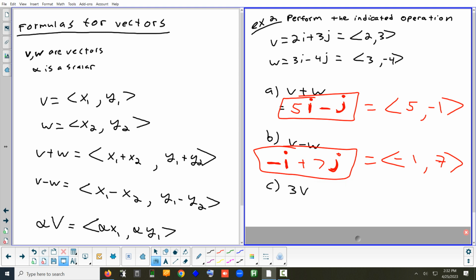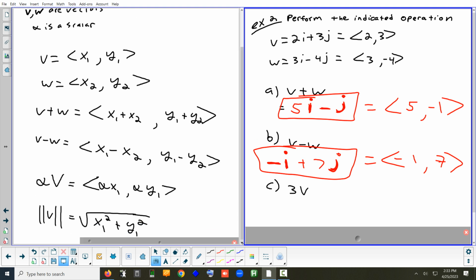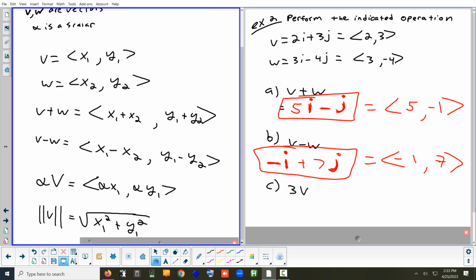The next one doesn't need vector w. If you're going to add or subtract, you need two of them. But if you're going to scale, you only need one. So for part C, I just want to take vector v and triple it. Visually, that means I'm stacking three of them together. But I just want to do it with numbers. So remember your formula. Each component in the vector gets multiplied by the number that you're scaling by.